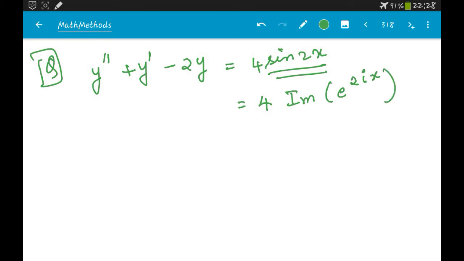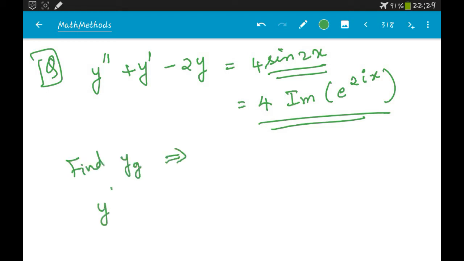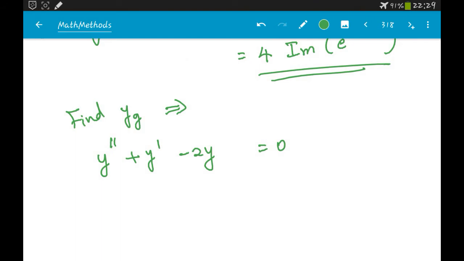This is what we will consider. Of course, first we have to find yg. So how will we find yg? Usual method: we set y double dash plus y dash minus 2y equal to 0. This is nothing but d square plus d minus 2 into y is 0.